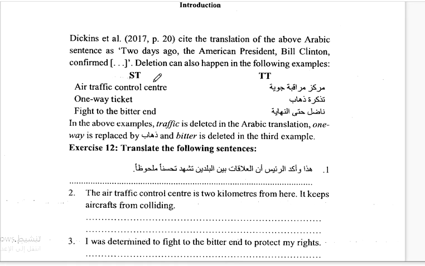Where is the deleted word here? It's traffic. It's deleted. One-way ticket. Where's the deletion here? Okay. He deleted one way and substituted it with just the have. Fight to the bitter end. Bitter is deleted.